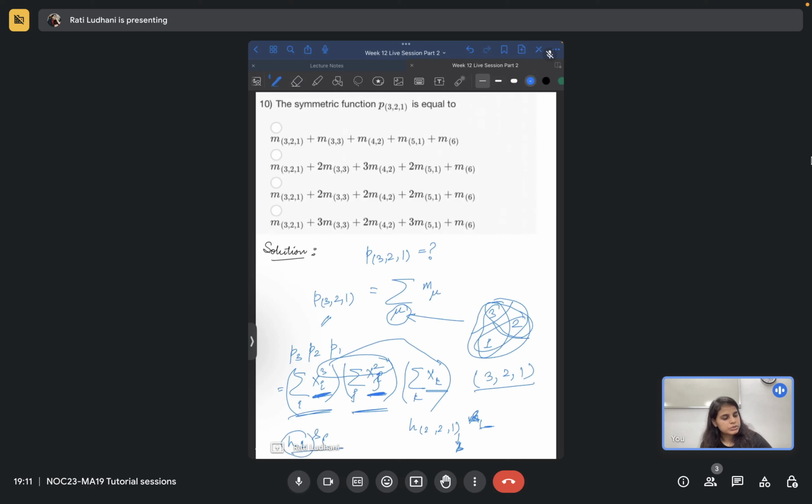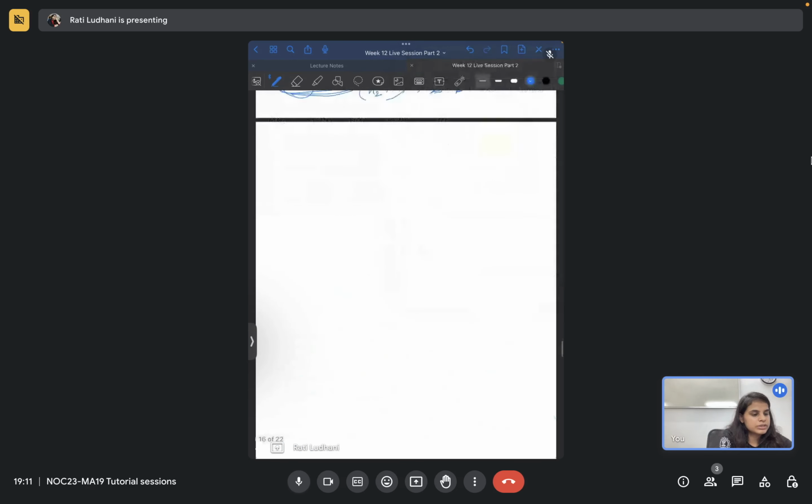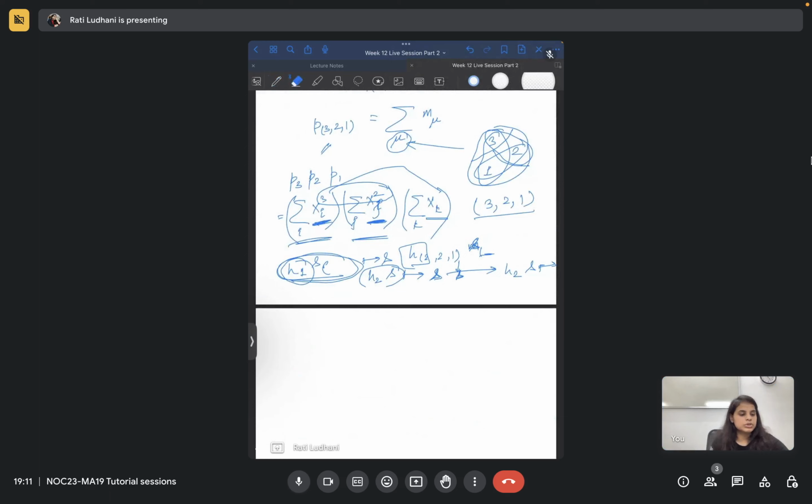You multiply by h1 and first find this, and you will get a function in S. Then you multiply by h2 and get some function of S. Then again you multiply by h2 and again get some function of S. So when you have to write the product in terms of h, in terms of s, Ek means S into 1 power k, and Sk means we can write Hk.